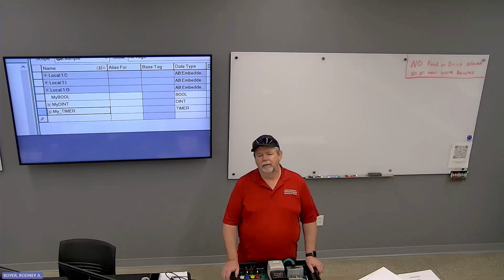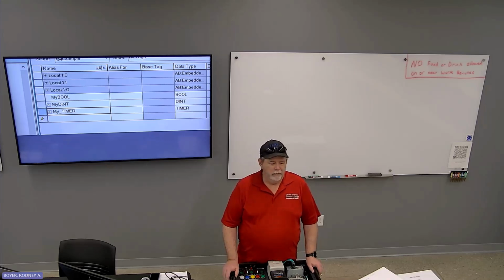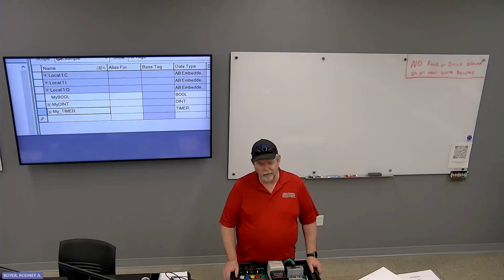Since enable, timer timing, and done are bools, they will show up as data type bool under my timer. The preset and the accumulated value will show up as data type dent. There will also be plus signs next to those that you can expand out and get to my timer.pre.0, .1, and so on.